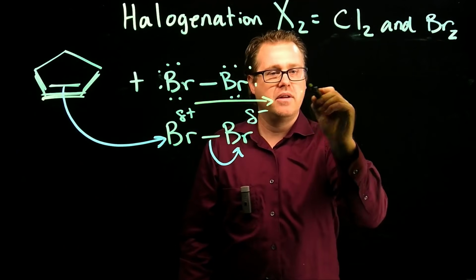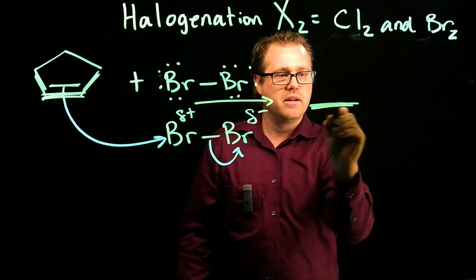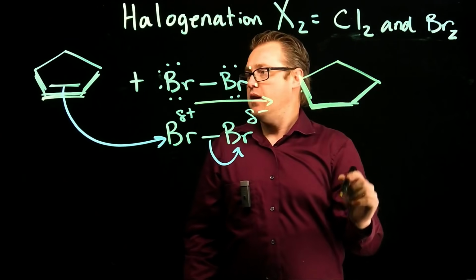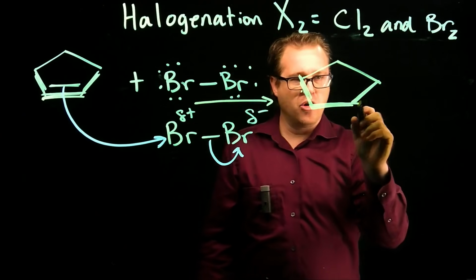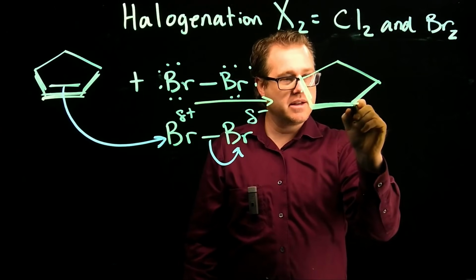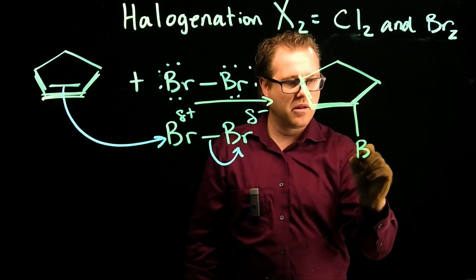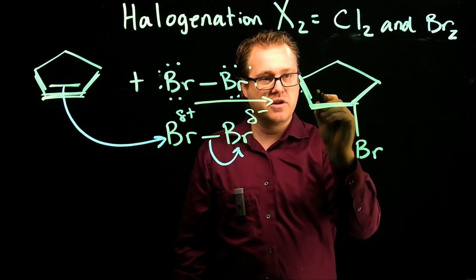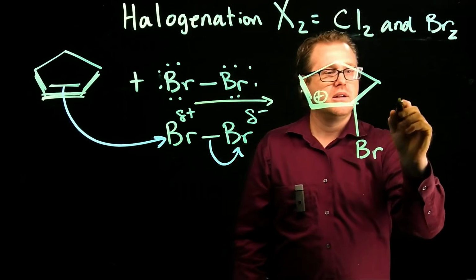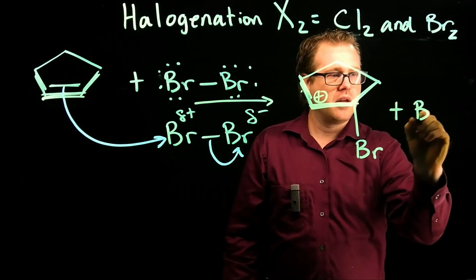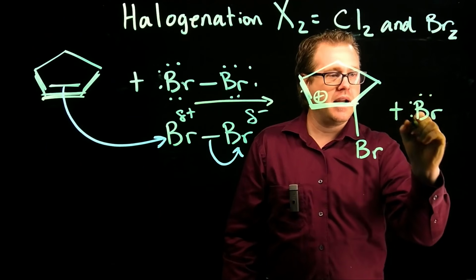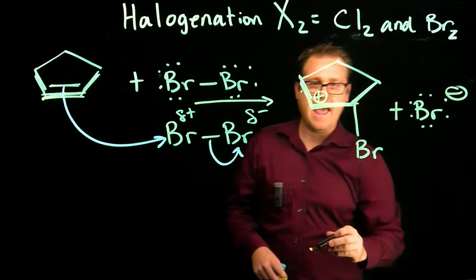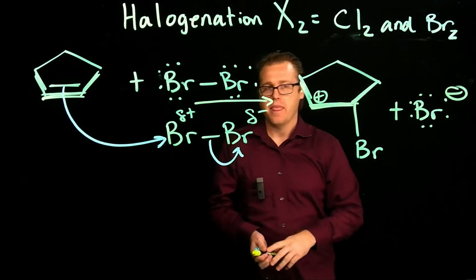We would draw this here. Let's say we added the bromine on this carbon right here. And then that would have left a positive charge on that carbon. And then we would have our bromide, this one right here, as an anion. Okay?